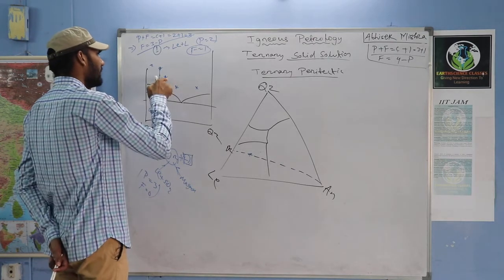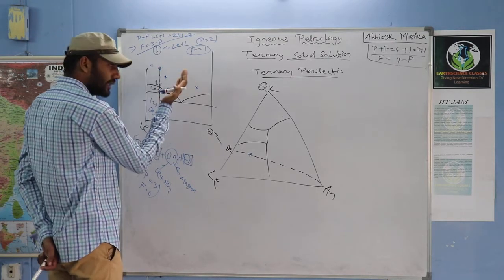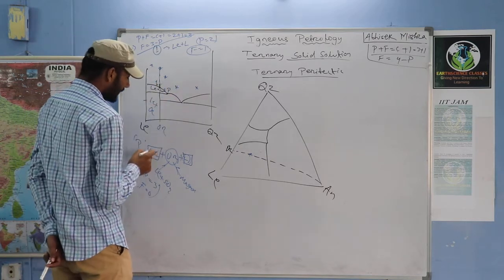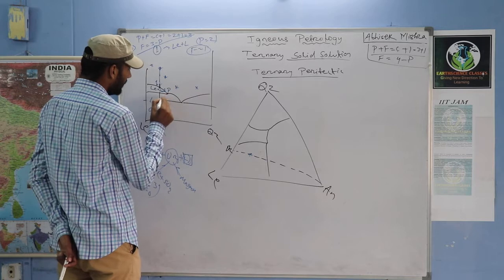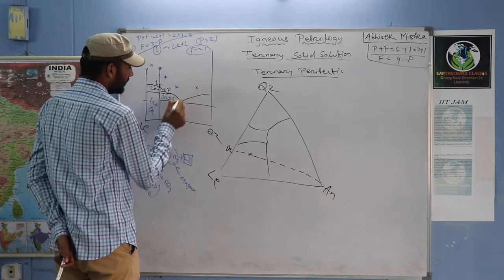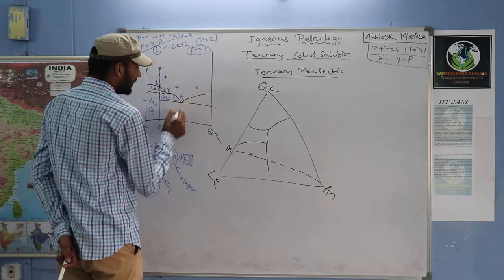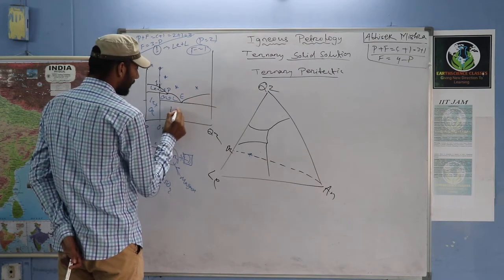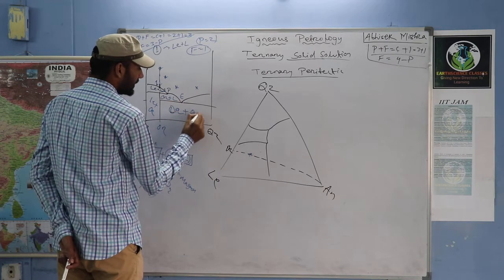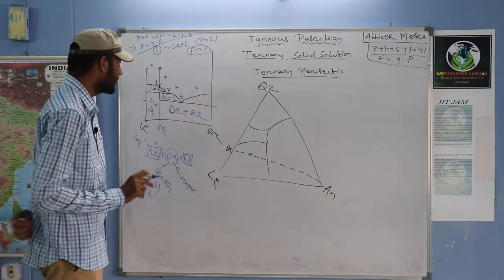If you take any point beyond this line, then leucite will be finished and you get orthoclase plus liquid. Then you move to the eutectic and quartz will crystallize, and you will find orthoclase plus quartz as the end point, right? These are the two cases.